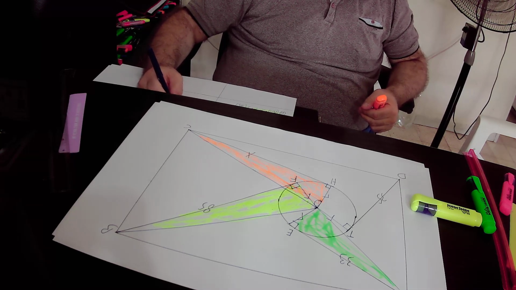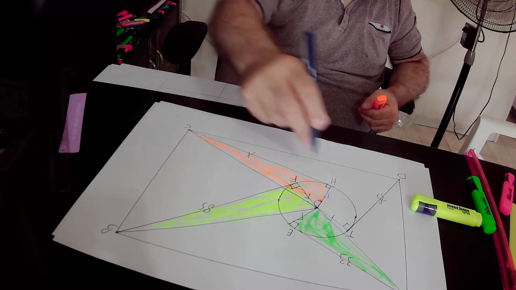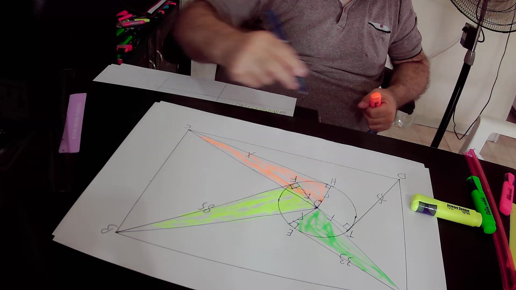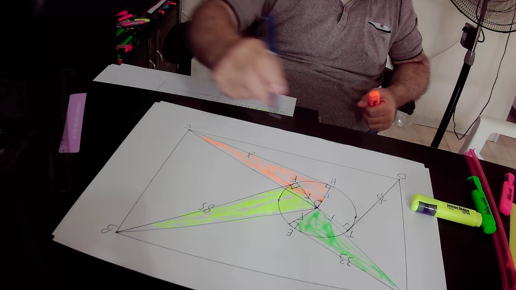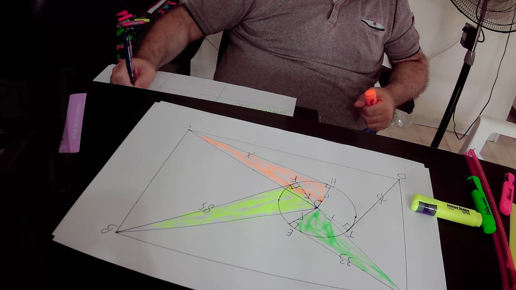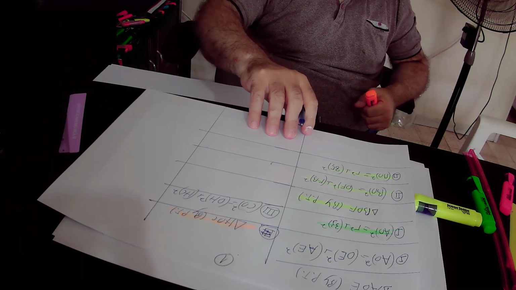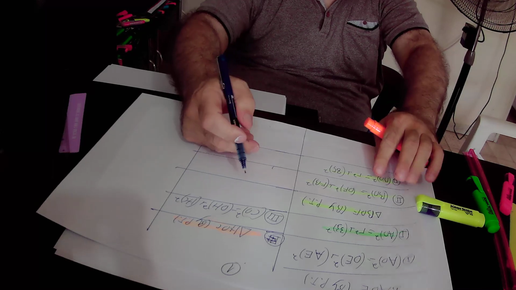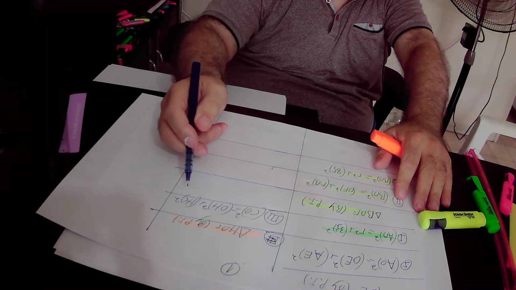CO square, that is the square of the hypotenuse, equals OH square plus HC square. Repeat again. In the right orange triangle, according to the Pythagoras theorem, we get that CO square equals OH square plus HC square.